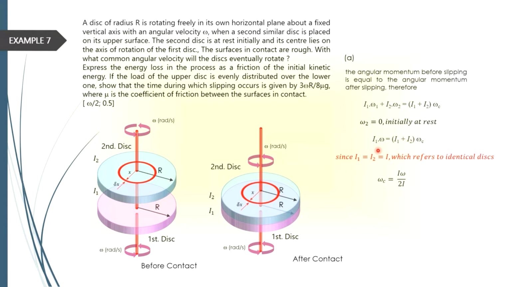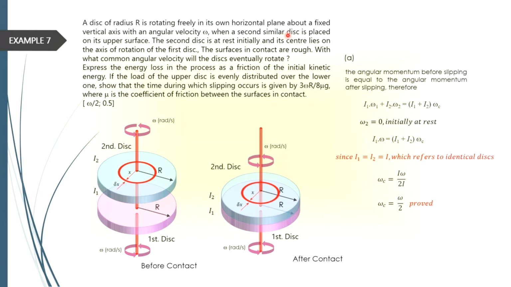When you bring the 2I over to the left-hand side, it will be on the denominator side of the equation. So strike off I. The common speed should be equal to omega over 2, the speed divided by 2. That means half the speed once they come into contact. So the first part is proved.